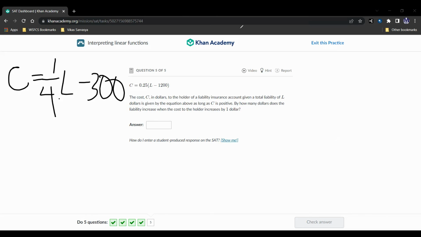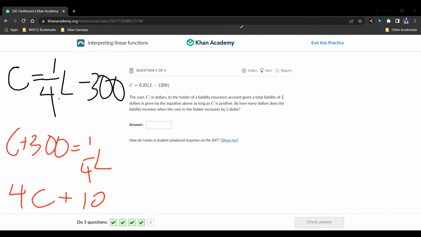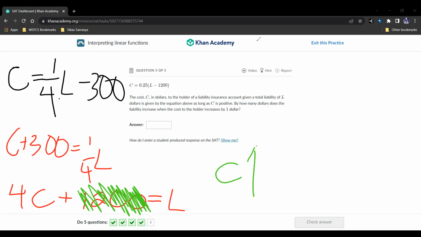But we can make it a y equals mx plus b situation. Let's see how. We can add the 300 to both sides, and we get C plus 300 equals 1/4 L. And multiply by 4, and we get that 4C plus 1200 equals L. This is the constant part that I really do not care about. But here the cost is increasing by +1.